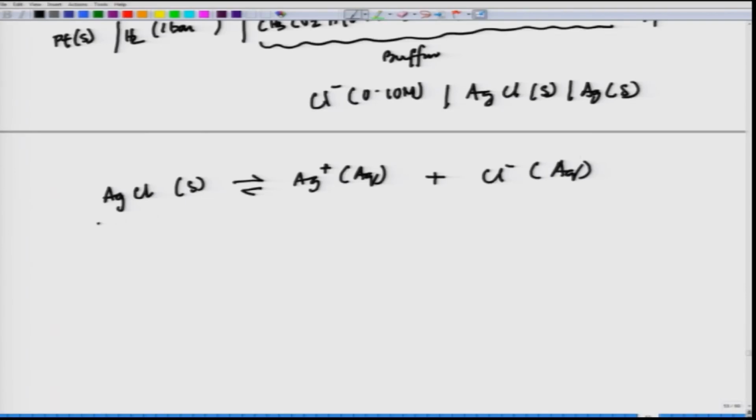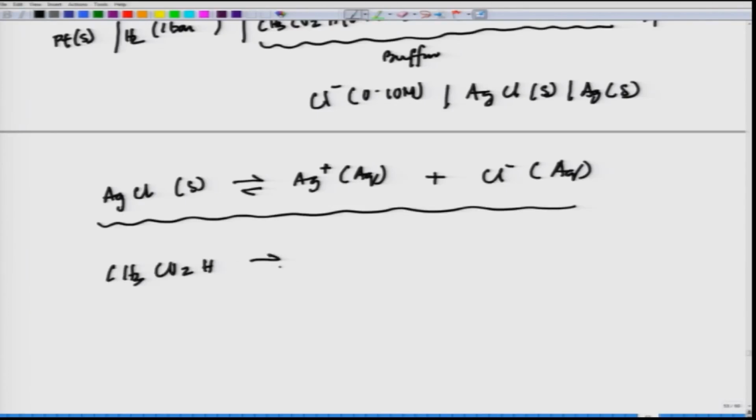So, this is where it is reaching an equilibrium. On the other hand, on the other side what you are having is CH3CO2H is coming in equilibrium with CH3CO2 minus plus H plus.